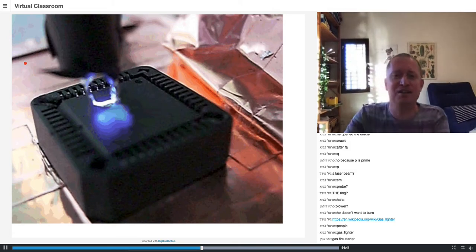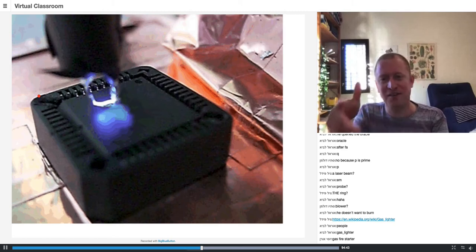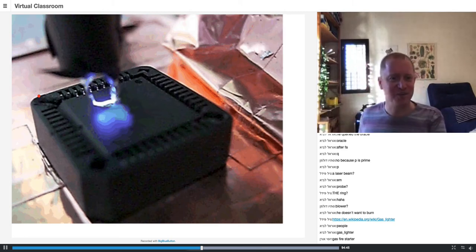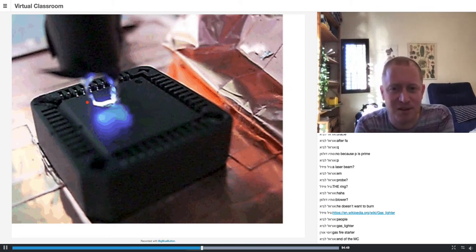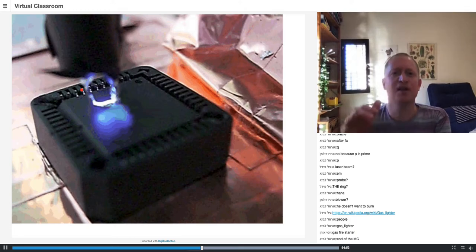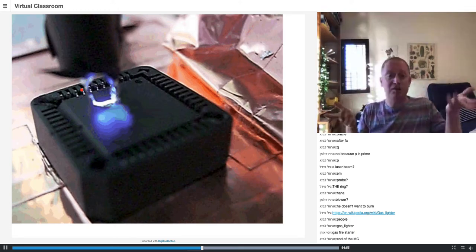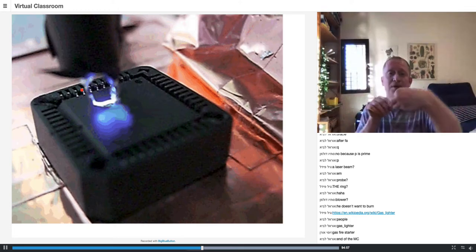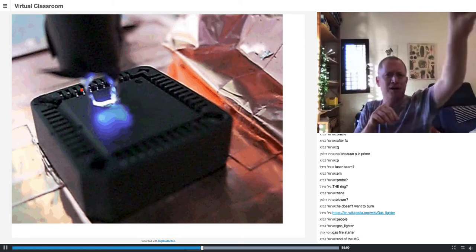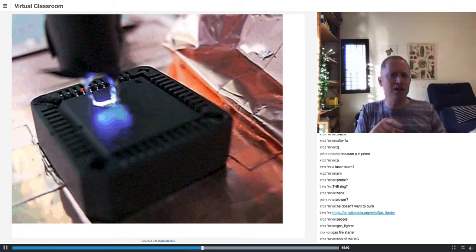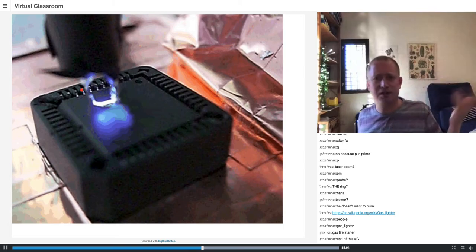What you see here is the end of this fire starter. This is called the spark gap. There's a large voltage differential between these two things, and there's a spark. The spark is supposed to light the butane coming out of the lighter, but instead it's just creating a spark.